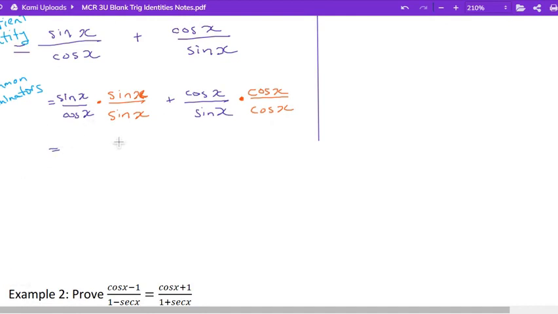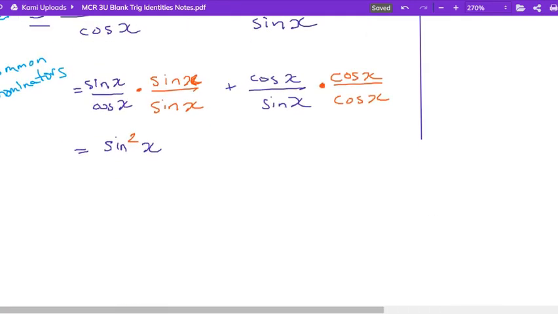Okay, so sine times sine is sine squared x. I made the exponent orange because I want you to notice where it goes. It doesn't go after the x. Now I'm just going to right away put it all in one big fraction. What is the common denominator? Well, it's cos x times sine x. So because they have a common denominator, I'm adding the numerators.